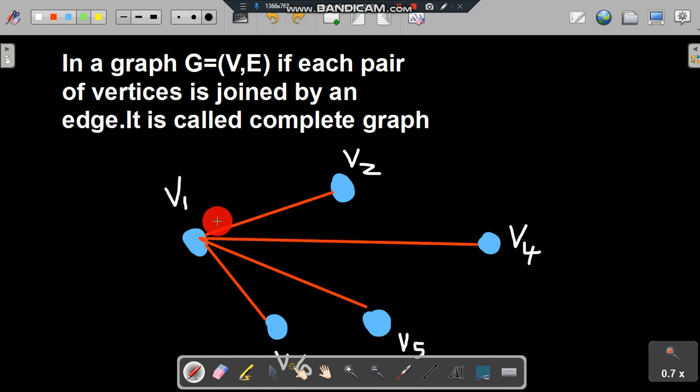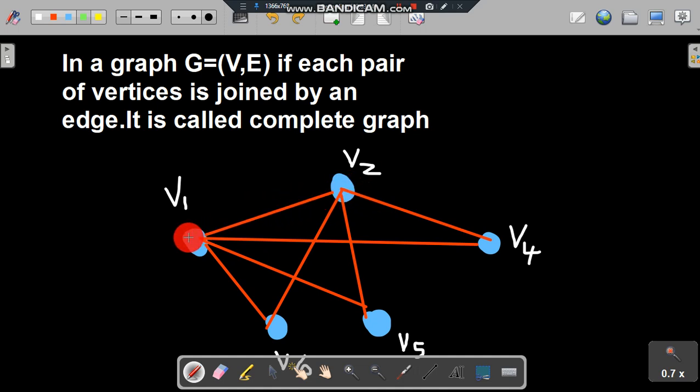That is, from the first vertex I have made an edge to each and every vertex. That is, from V1 to V2, V1 to V4, V1 to V5 and V1 to V6. Now similarly, from V2 to V6, V2 to V5 and V2 to V4. Now what I see here, V2 is also connected to each and every vertex.